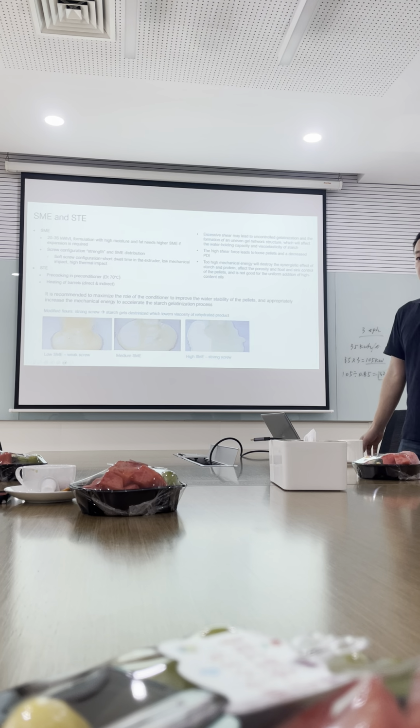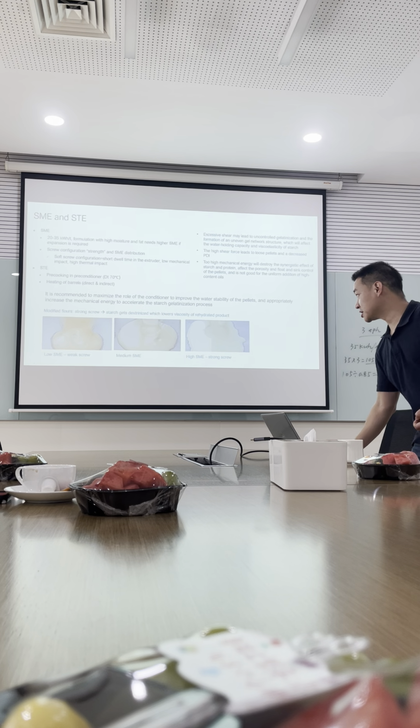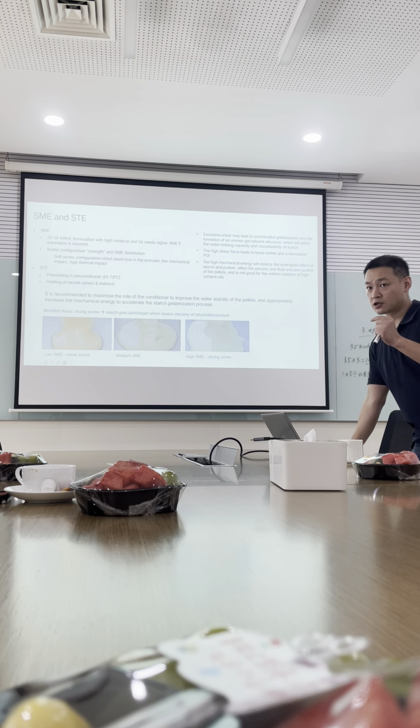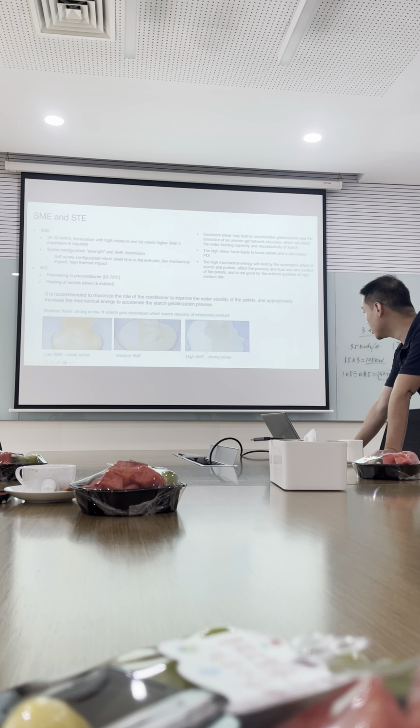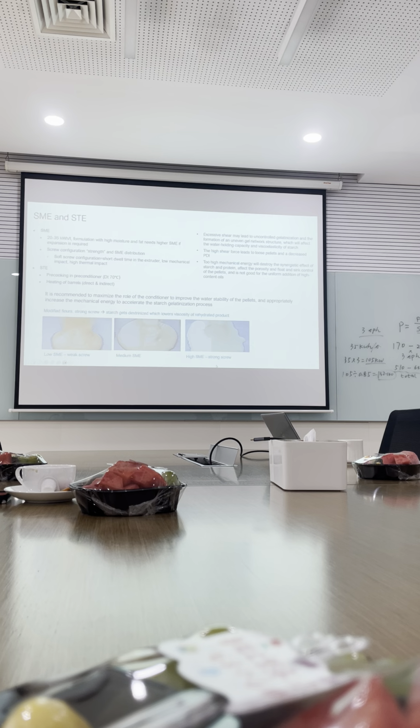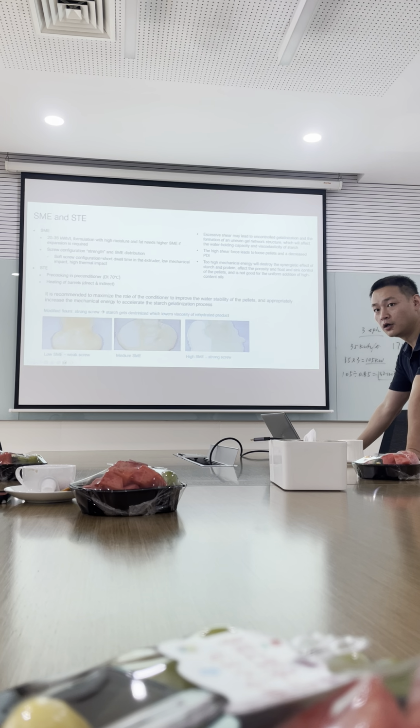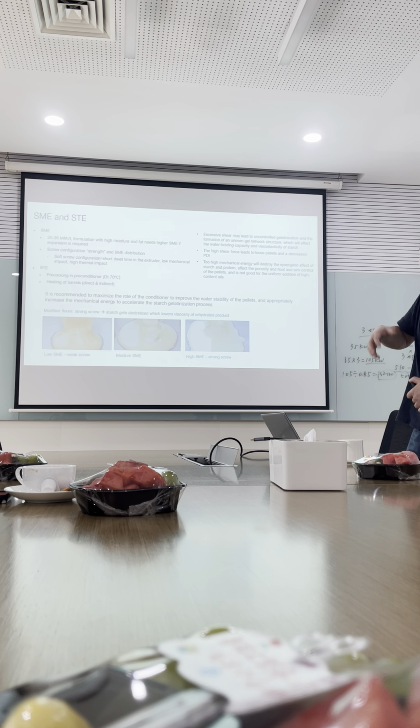Low SME means low shearing force, right? So you can see the viscosity is high, and when we input very high SME, you can see its viscosity is lower. There is a shearing force. We call it shear thinning. With too high shearing force the viscosity is lower; this is shear thinning.